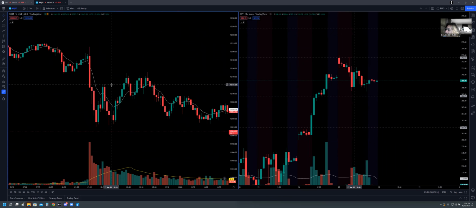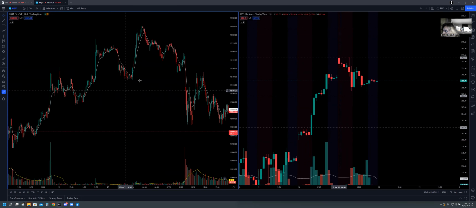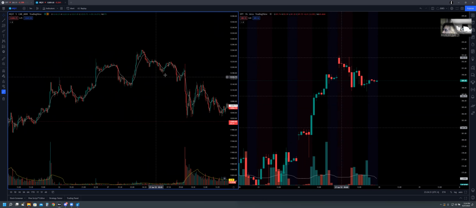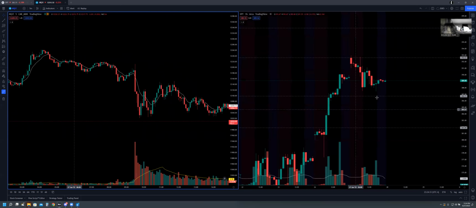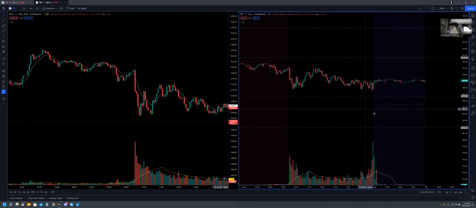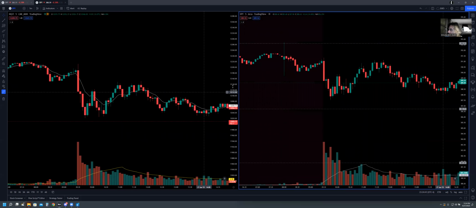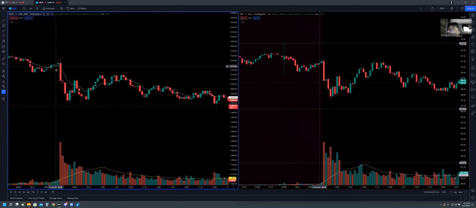Right here. Futures doesn't have pre-market and aftermarket. It's all just connected. So all this right here is pre-market. So let's say you were watching SPY right here on the 5-minute as well. All this right here, if you look at the crosshair, this is SPY, and then this side is NQ.